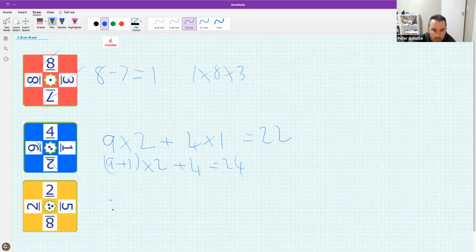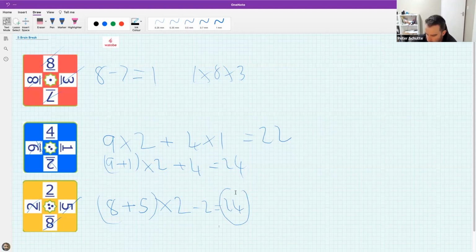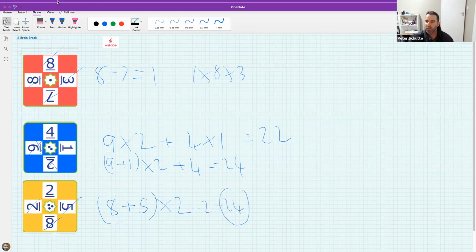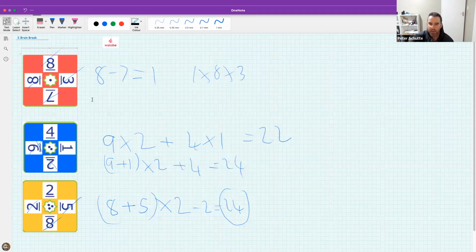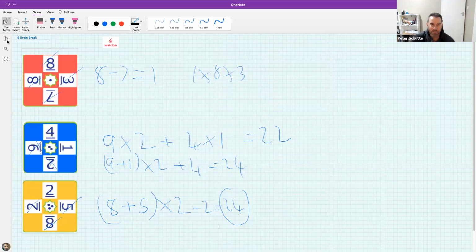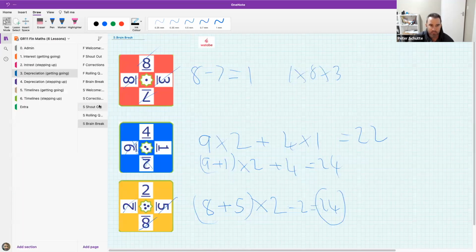And then Owami has said 8 plus 5 is 13. 13 times 2 is 26. Minus 2 would give you 24. Yeah. Well, there we go. We smashed all 3 of them. Yeah, it's a really good logic game, and it's a lovely way to just let your brain relax for a little bit between halves of the lessons.